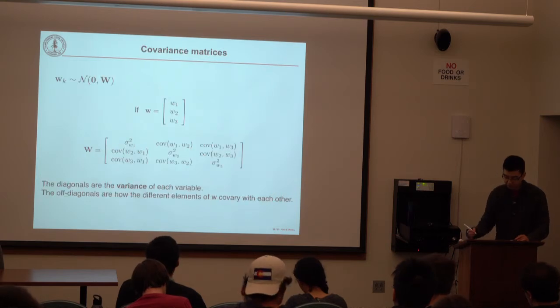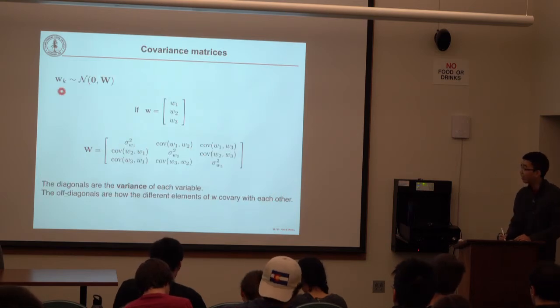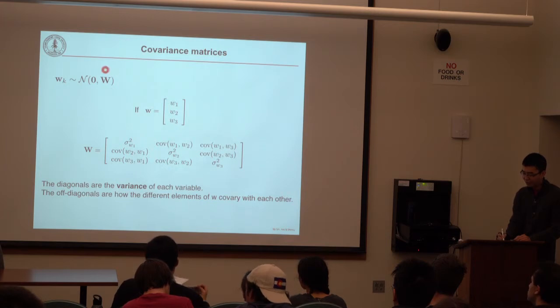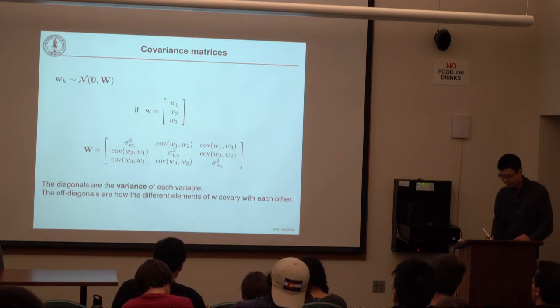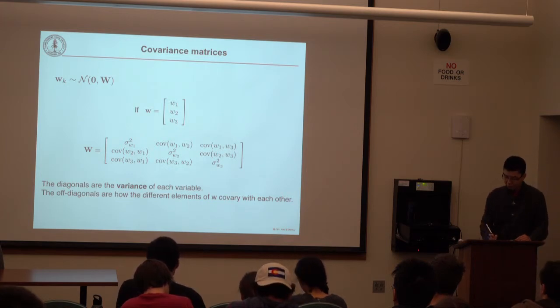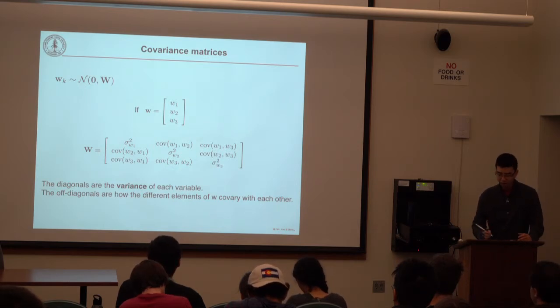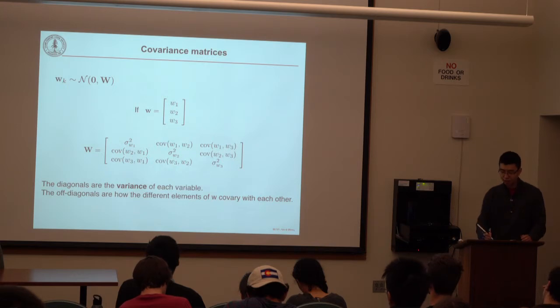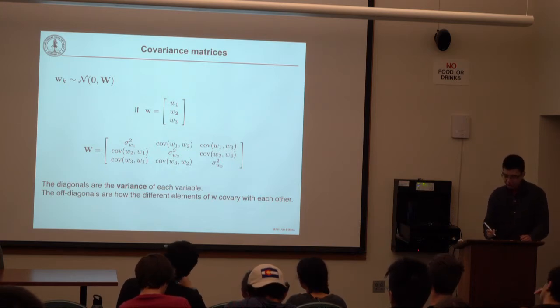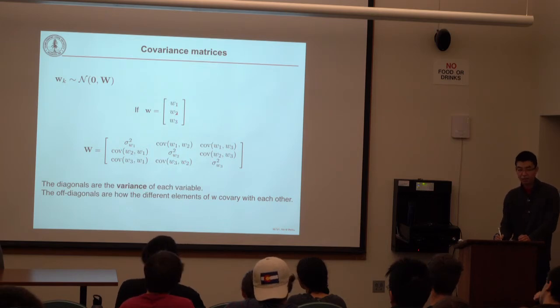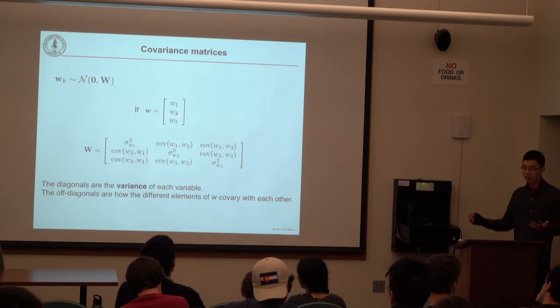Very concretely, if I take W_k and say that it has a covariance matrix W, this means that if our vector W were 3 by 1 instead of 5 by 1, with just 3 elements of noise, W1, W2, and W3, then the covariance matrix would be a 3 by 3 matrix. If W was 5 by 1, then the covariance would be a 5 by 5 matrix.